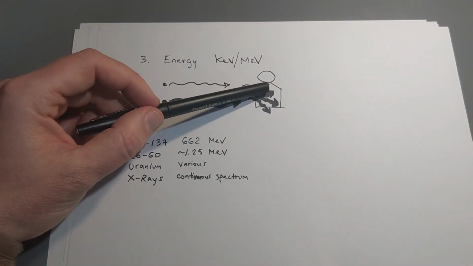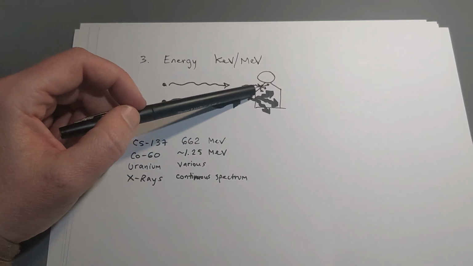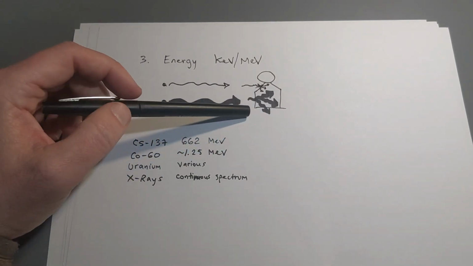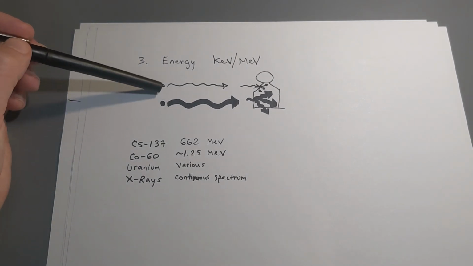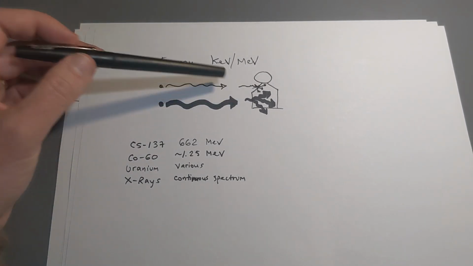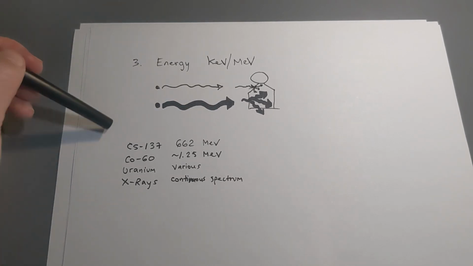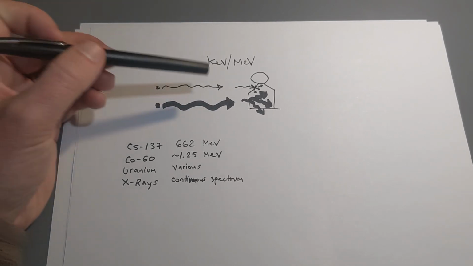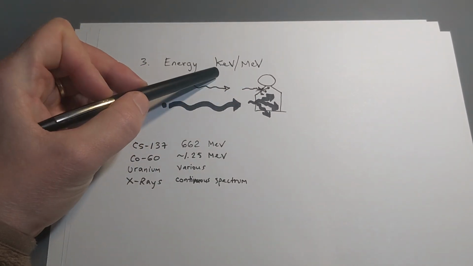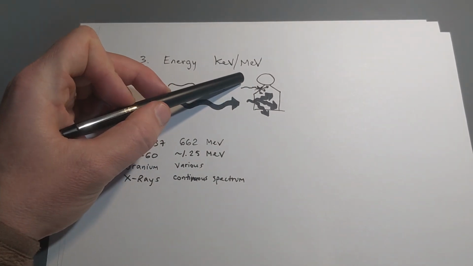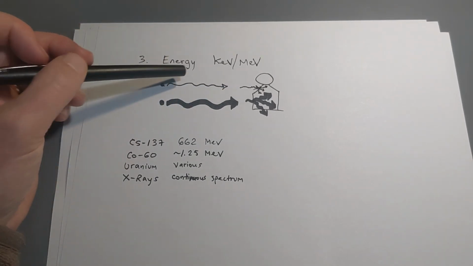Or if it's low energy, it might just be near the surface, where it's potentially less damaging to organs, depending on where in the body. So, for the same number of photons or the same number of things coming in, higher energy is generally going to be more impactful. And to give a couple examples here, the units are keV or MeV, kilo electron volt or mega electron volt. But if you don't want to get deeper into the physics, just remember keV, MeV are energy.